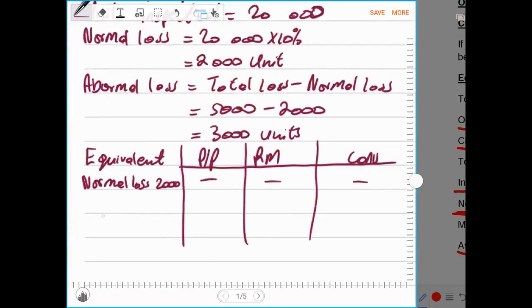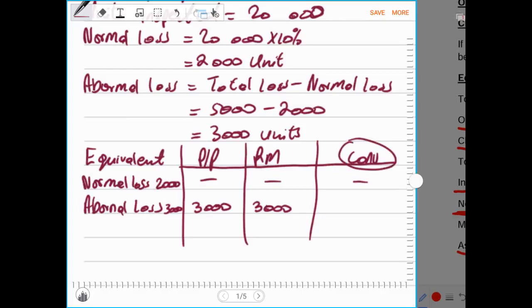However, abnormal loss will be allocated as 3,000 units. Under the previous process, it will be 3,000. Under raw material, it will be 3,000. However, when it comes to conversion cost, our abnormal loss will be calculated based on the point of inspection.